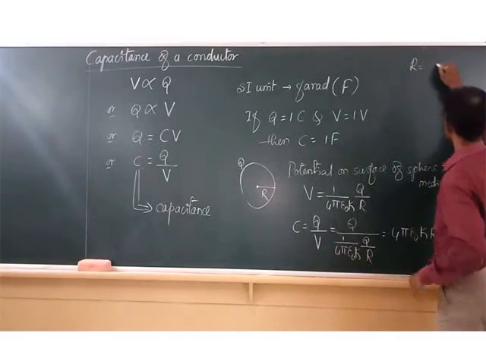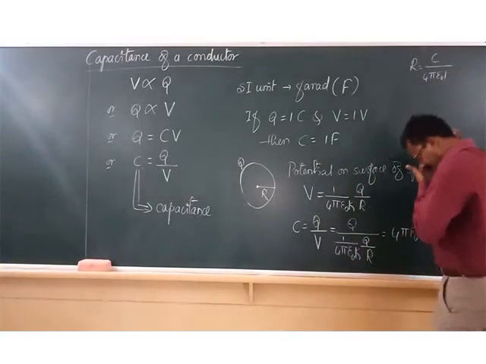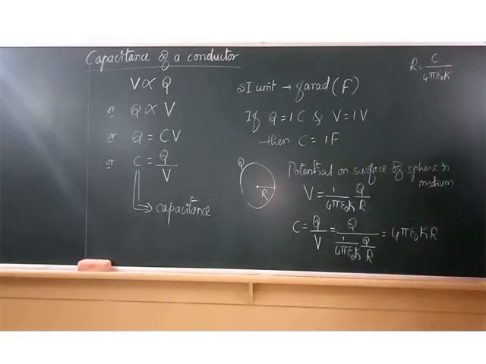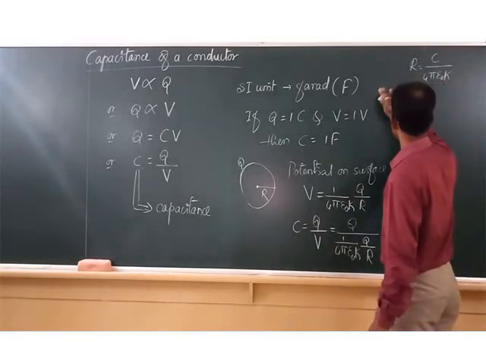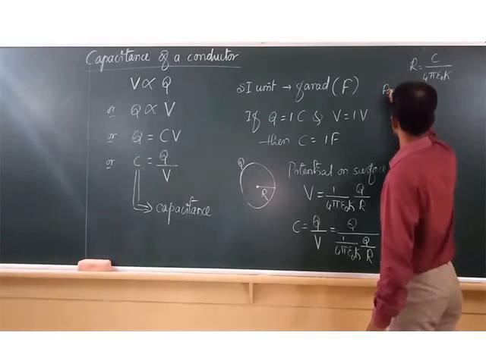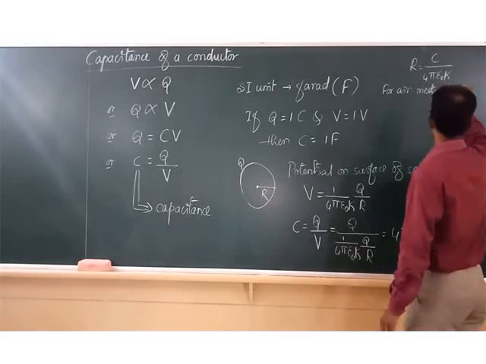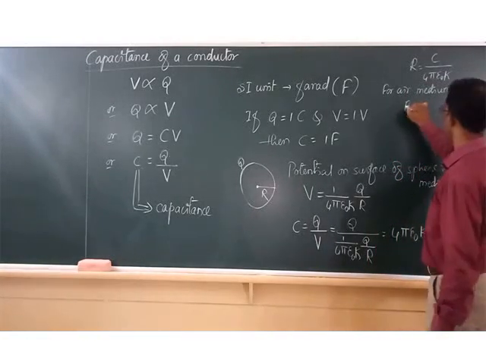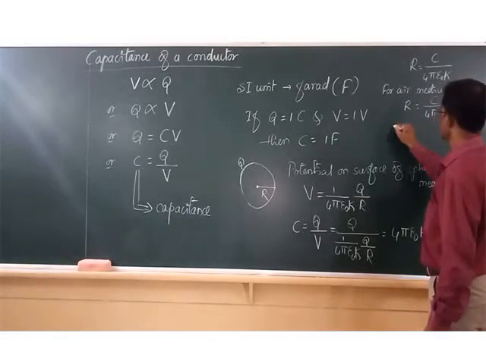C divided by 4 pi epsilon naught K. For a medium, or if the conductor is placed in air, K equals to 1, R equals to C by 4 pi epsilon naught.